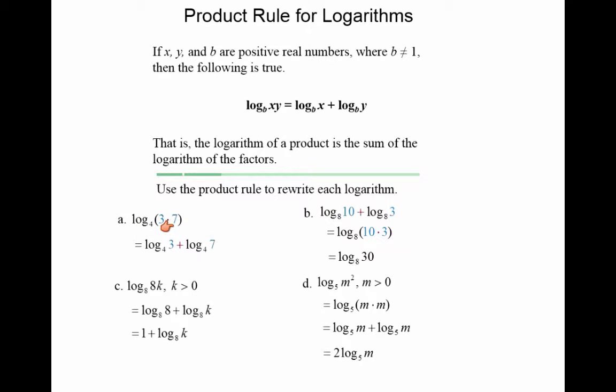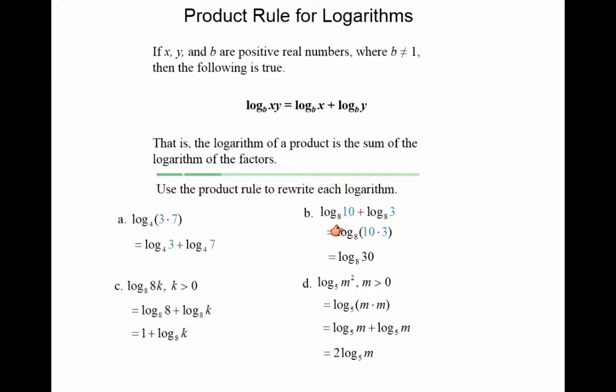If I have log of 3 times 7, that would be log of 3 plus log of 7 with the same base 4. It has to match the same base here. Part B, if I have log of 10 plus log of 3, I can write it as a single logarithm if I want.